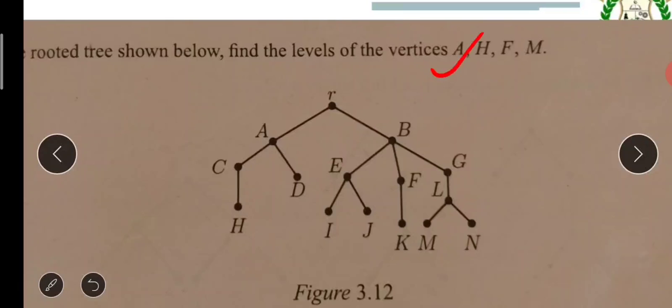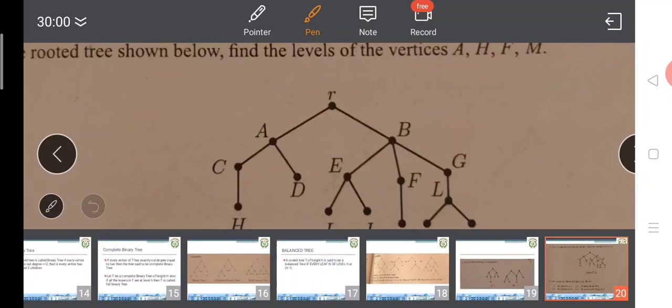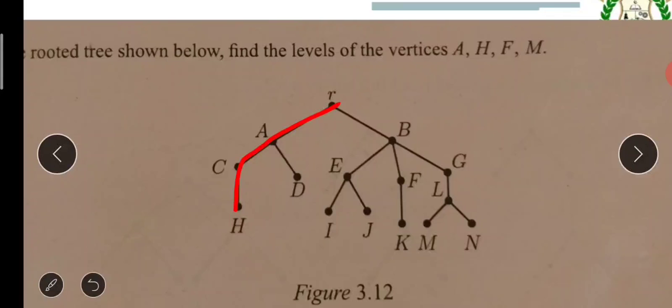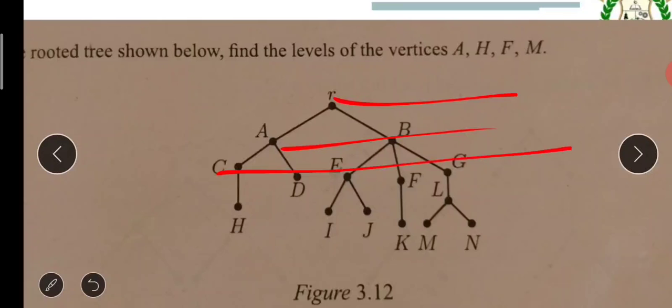Another way to find the level of A: from the root, 1 edge is required, so the level is 1. Level of H: 1, 2, 3, so 3 edges are required.